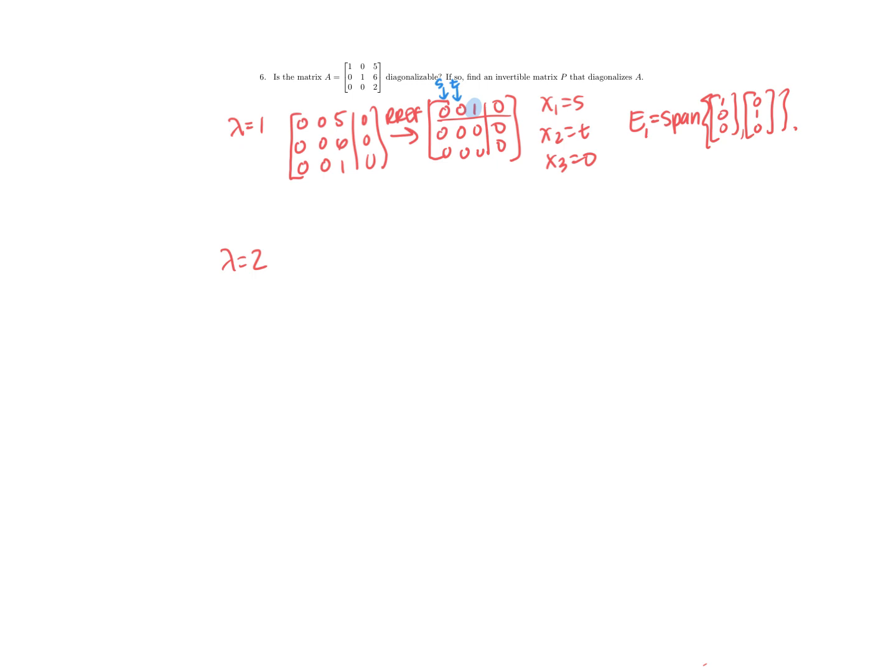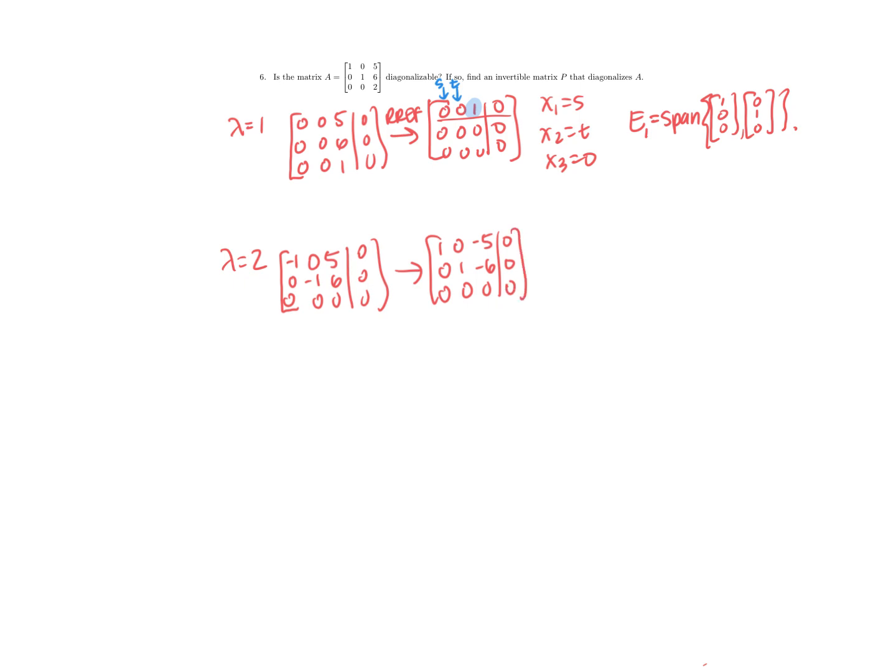So let's just go ahead and find the eigenspace here for 2. If I subtract 2 from the diagonal, I'll get minus 1, 0, 5, 0, minus 1, 6, 0, 0, 0. And if I row reduce that, I'll get 1, 0, minus 5, 0, 0, 1, minus 6, 0.